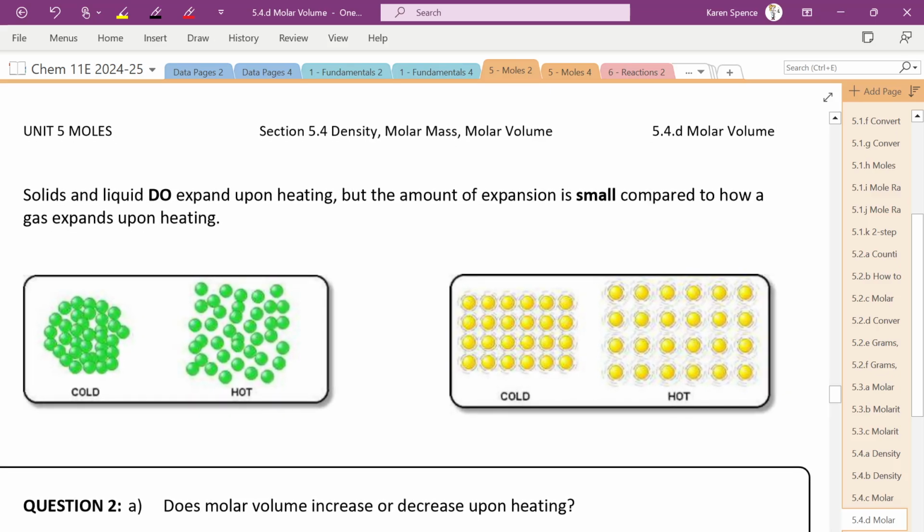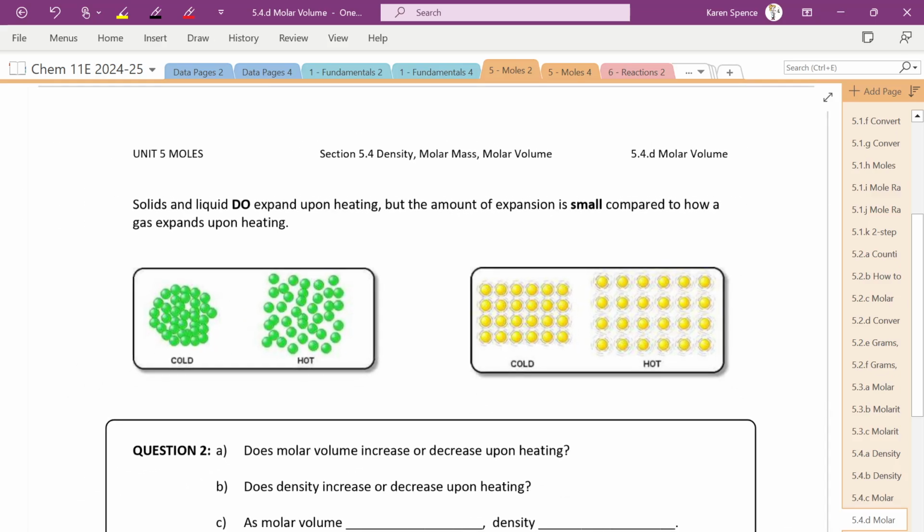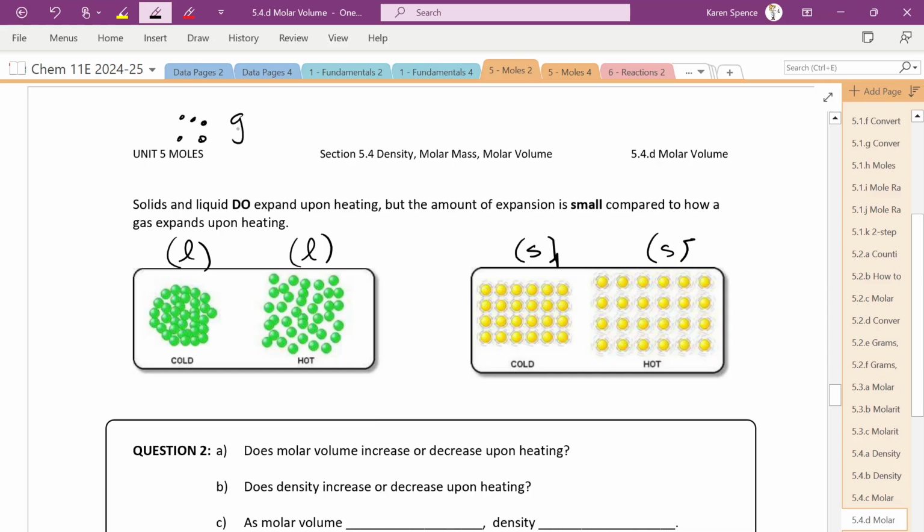Solids and liquids do expand upon heating, but the amount of expansion is small compared to how much gases expand upon heating. So we have a liquid, hot and cold. We have a solid, hot and cold. And if we had a gas, cold, let's make them red.